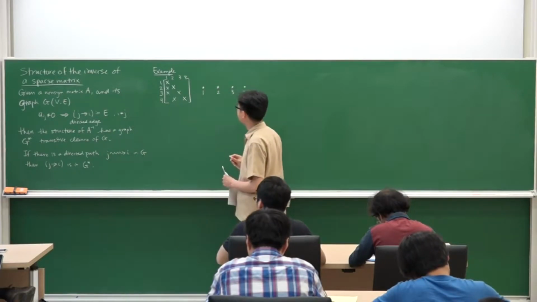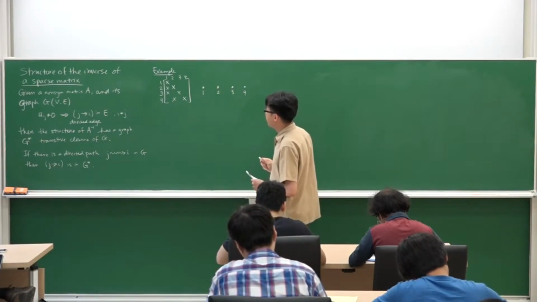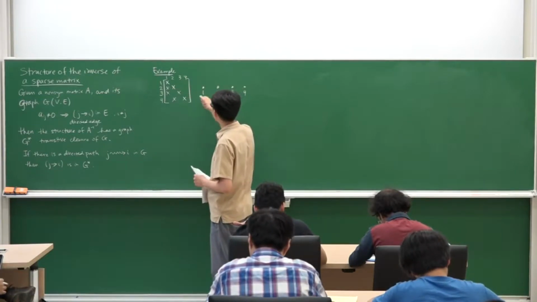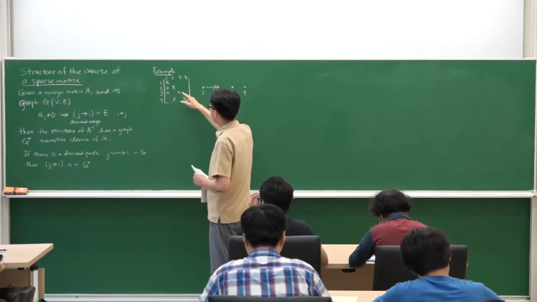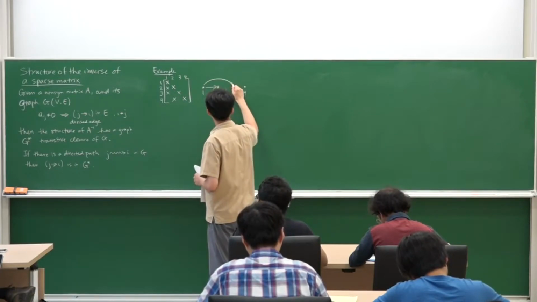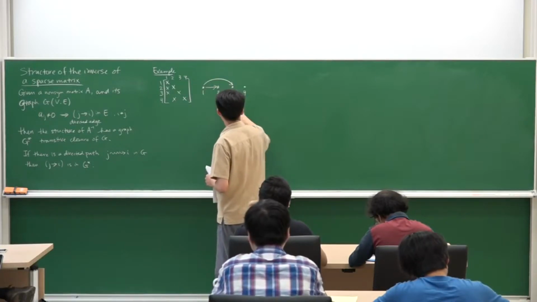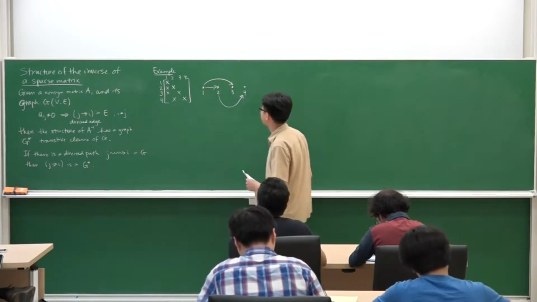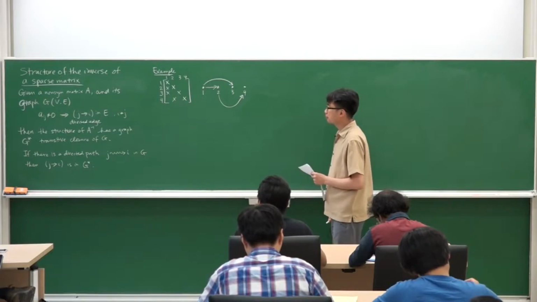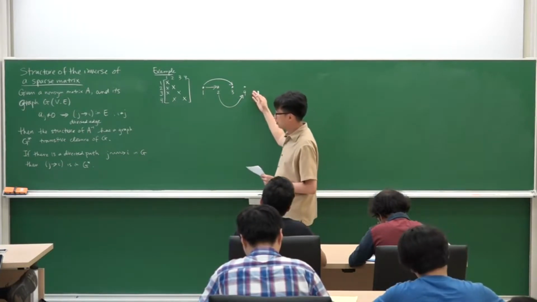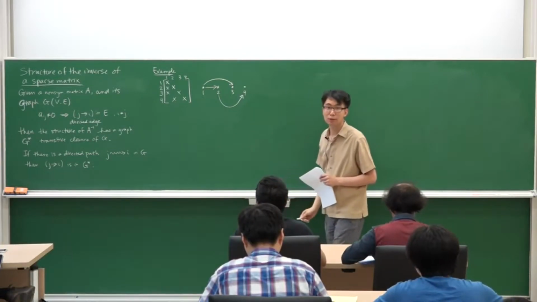So these are the vertices. And there is an edge from 1 to 2, and an edge from 1 to 3, and an edge from 2 to 4. Okay? So this is G. What does the graph G star, the transitive closure, look like?